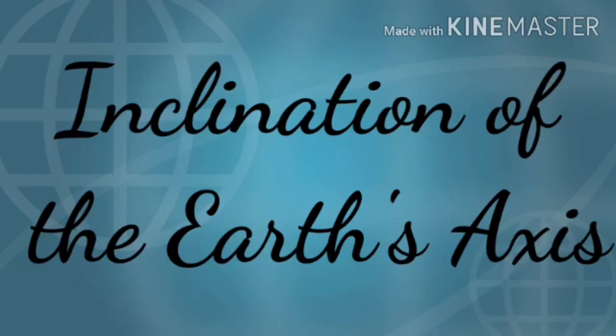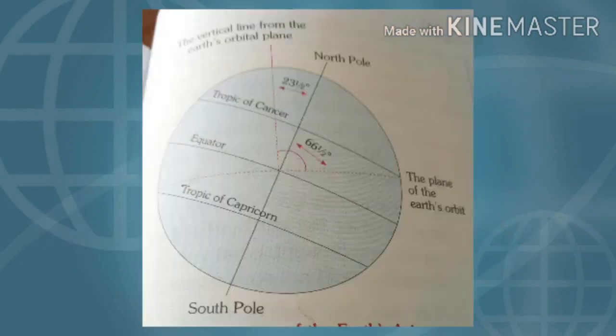Clear? The axis of the earth on which the earth spins is only an imaginary line. Mainly that line joins the North Pole and the South Pole. Clear?